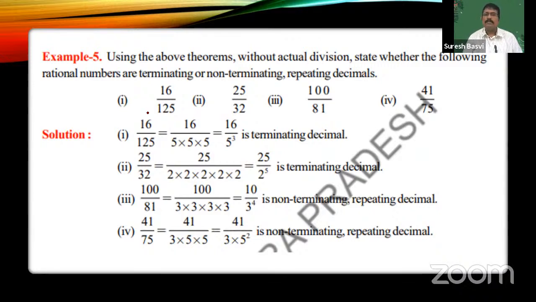So terminating means, in p by q, if q is in the form of 2 power n into 5 power m, then it is going to be terminating. Otherwise it is going to be non-terminating, repeating decimals.